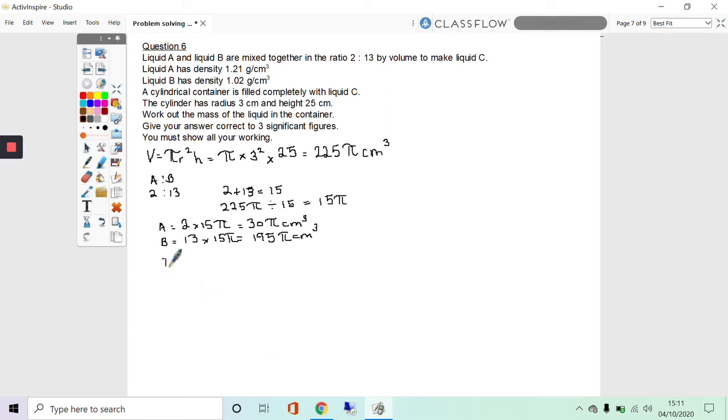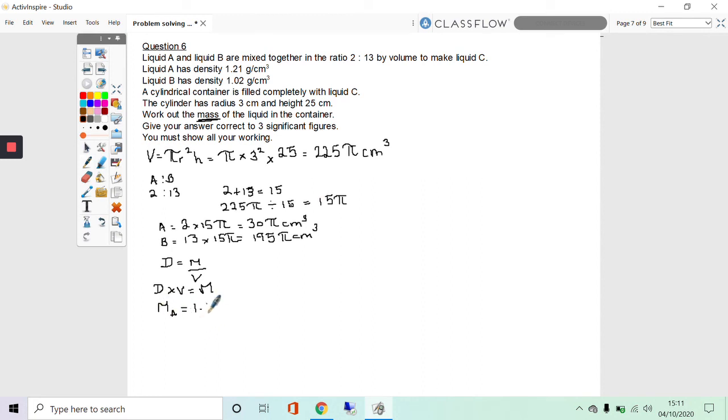Now, if you think back to physics, we have density equals mass divided by volume. I want to work out the mass of the liquid in the container. So density times volume equals mass if I rearrange. So the mass of liquid A is going to be the volume of liquid A multiplied by the density.